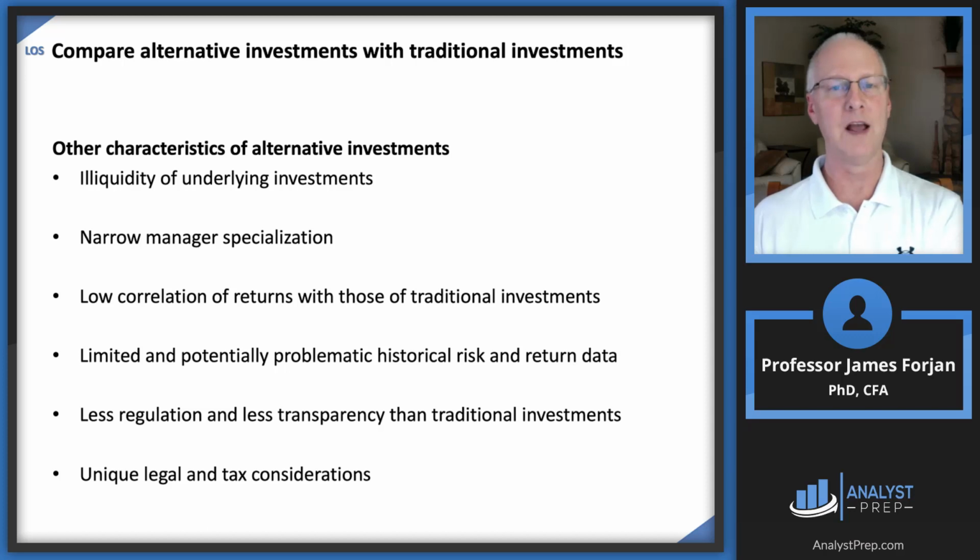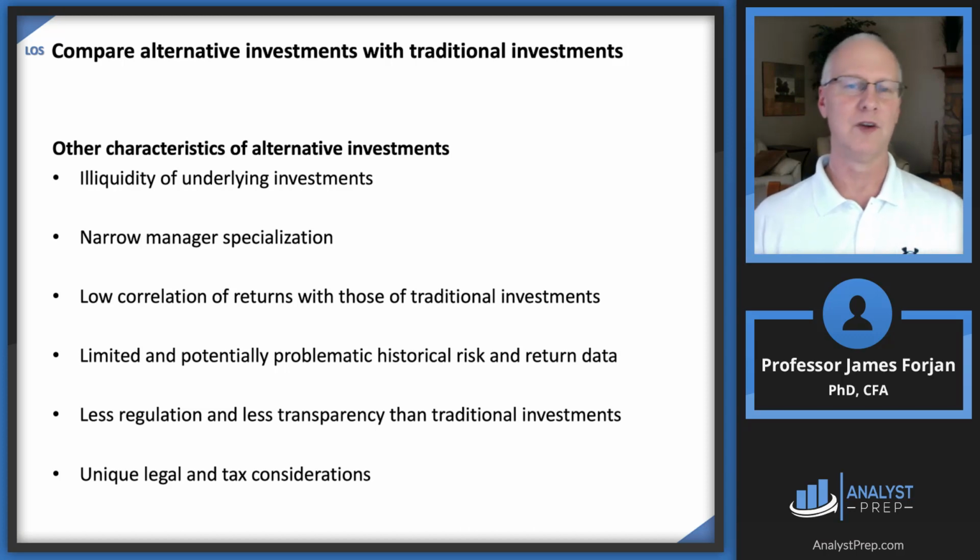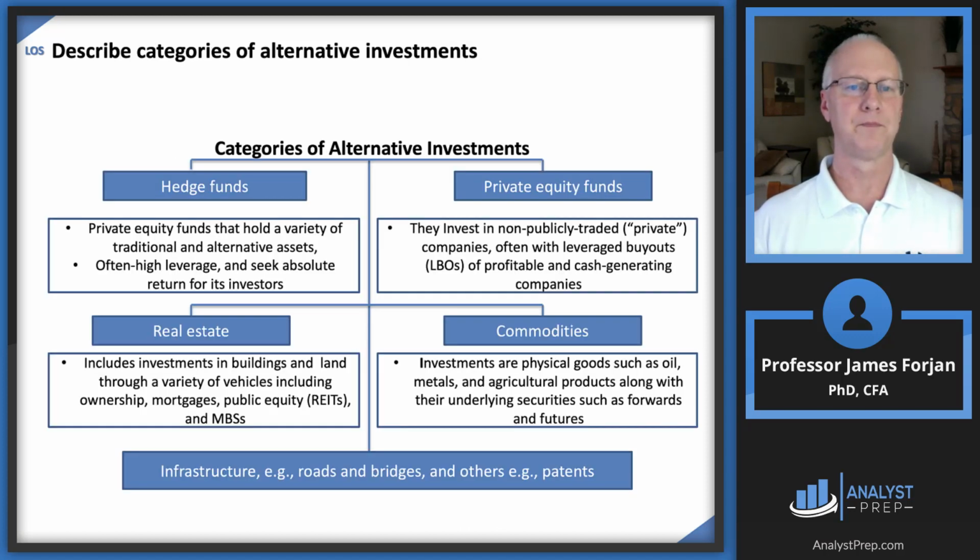You know what you're getting. But if you buy a vintage car or a painting, you might not. So there's less regulation, less transparency. And then, of course, tax considerations and legal considerations are unique to that specific type of alternative investment.